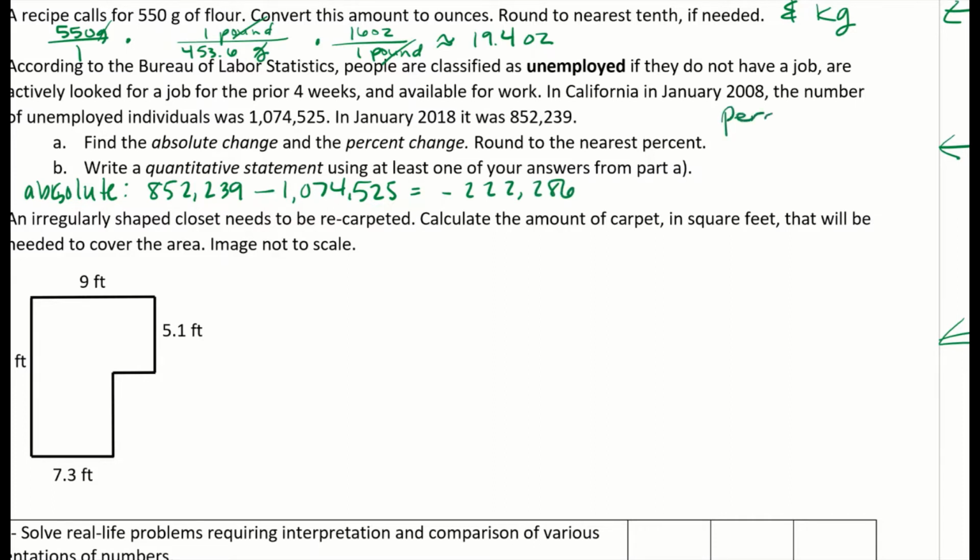And then for percent change, I'm going to take that absolute value and divide it by the original value. And then multiply what I get by 100%. The last step is to write a sentence using those numbers comparing the two values of unemployment.